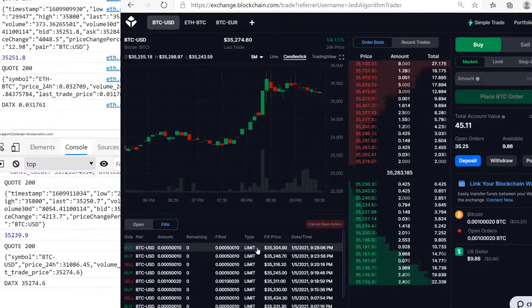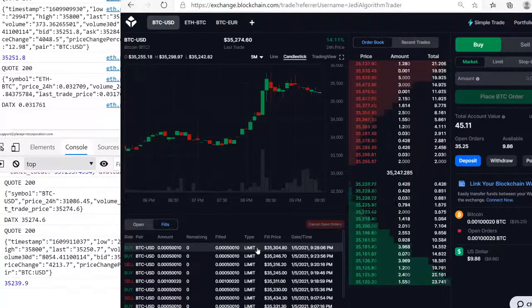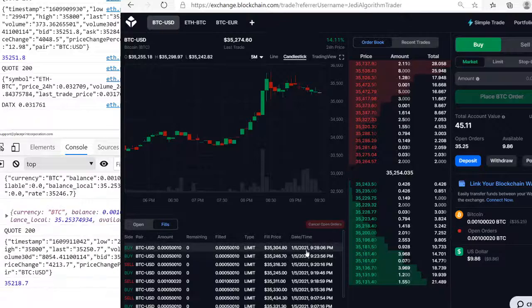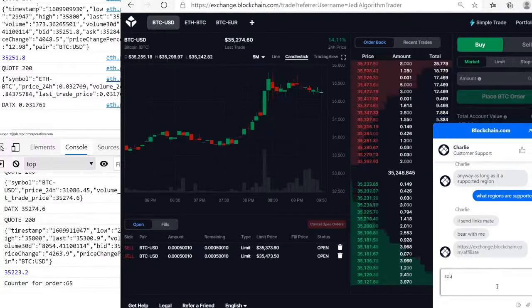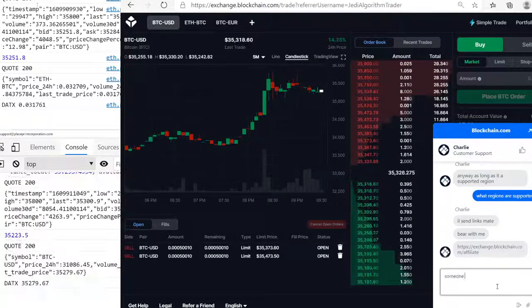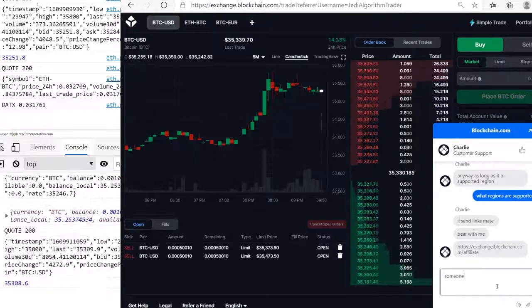We bought them higher than the previous one. Look at the difference in time, 9:28 and 9:23. Now our sell orders are there at 35,373 and then 35,473, so we're going to have two different areas to take profit. Hopefully we can get a bit of a push here.